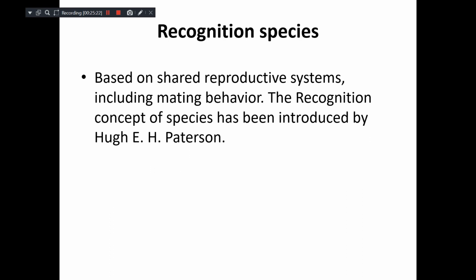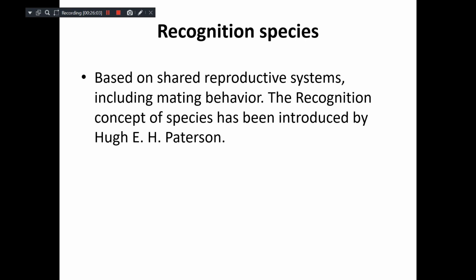Then the recognition species, based on a shared reproductive system. That means one individual should identify the other individual as a potential mate, because both of them should have the same mating behavior. One individual recognizes the other as a potential mate because of its similar or same type of mating behavior.